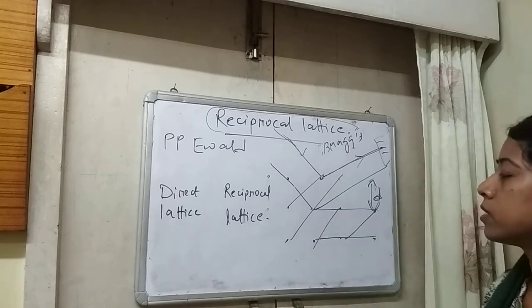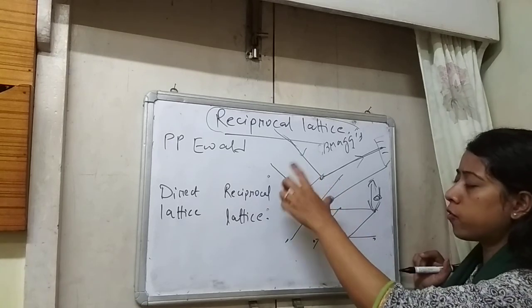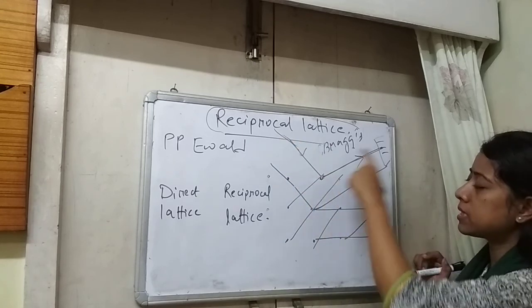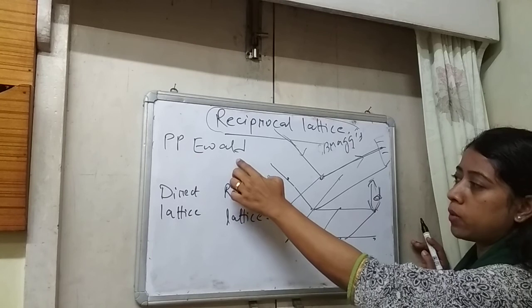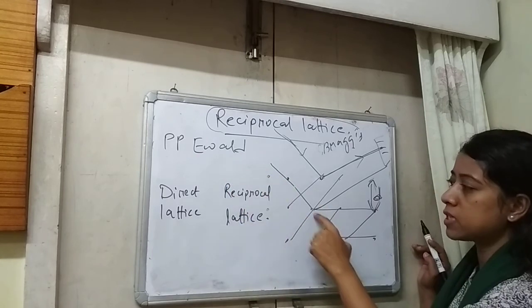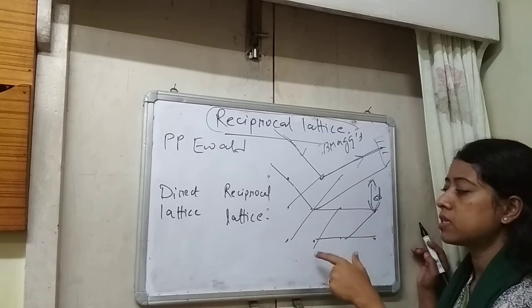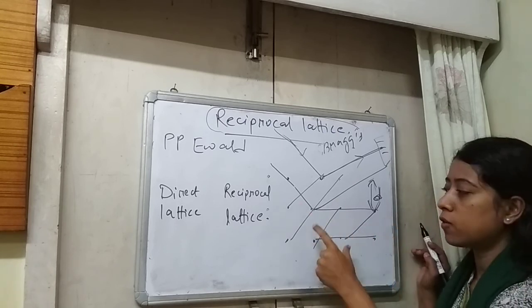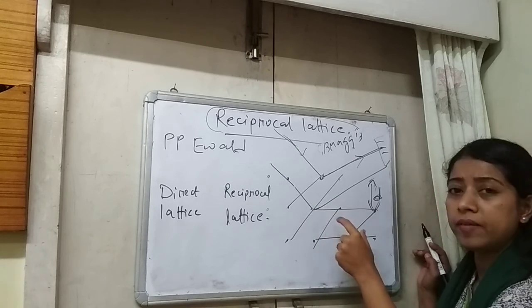From our pictorial point of view we can see only these sets, but the X-rays will fall on the lattice points and there are many other sets of parallel planes.